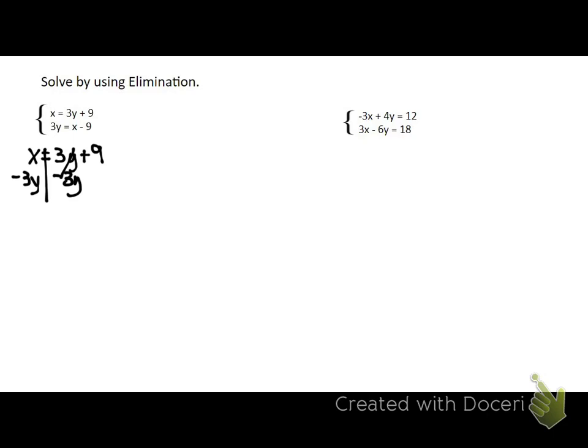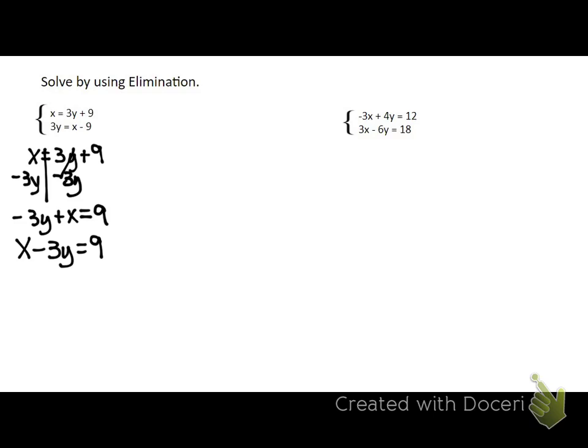Negative 3y plus x equals 9. Okay, I'm okay with that, but I prefer it written in a different way. x minus 3y. Yeah, I'd rather have it in alphabetical order.